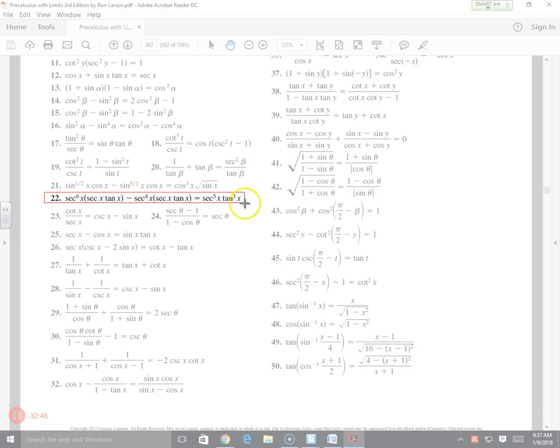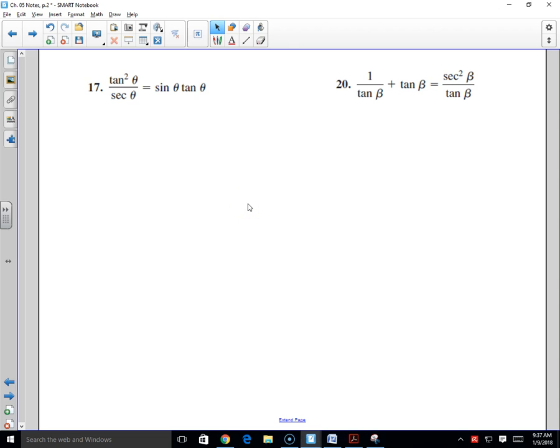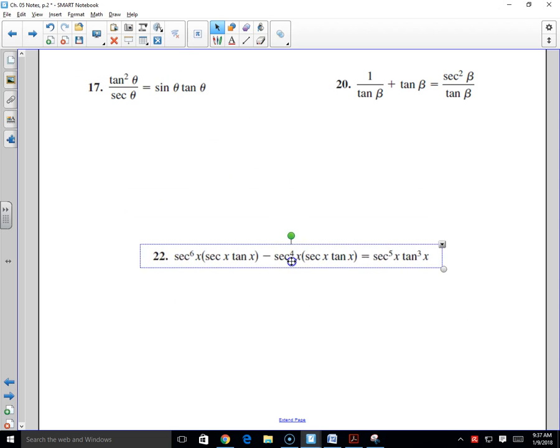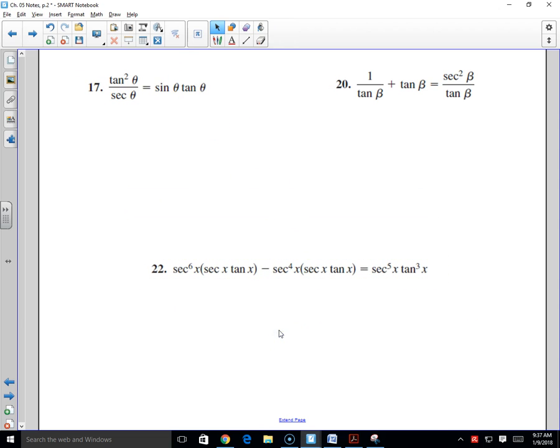Your T-proof, choosing a side. Don't do it exactly like the book. The book does these weird equals that go all over the place. Just super awkward.